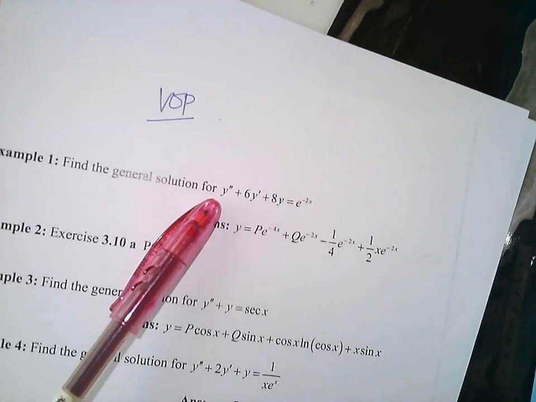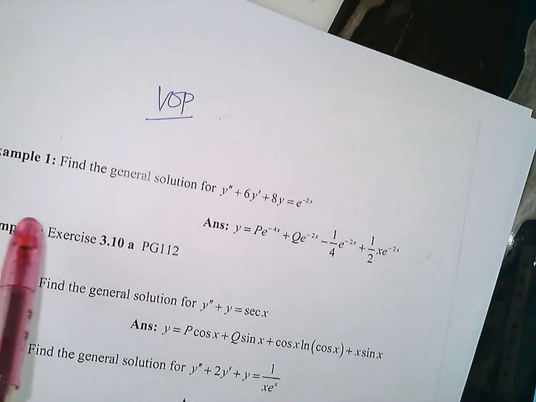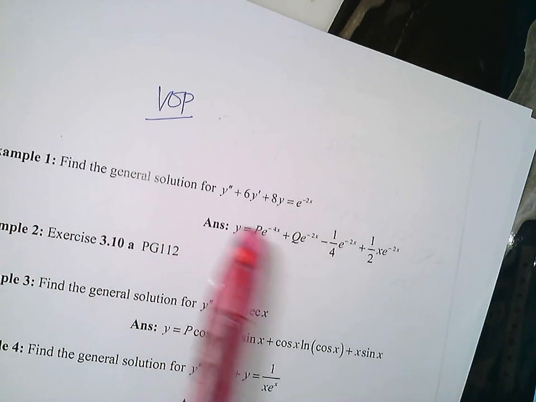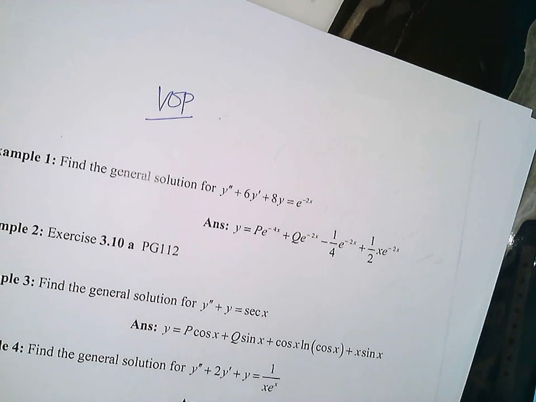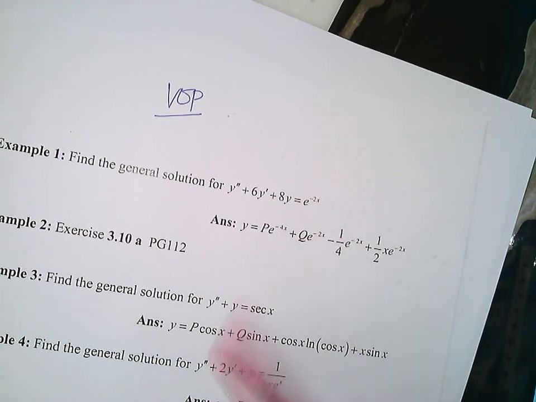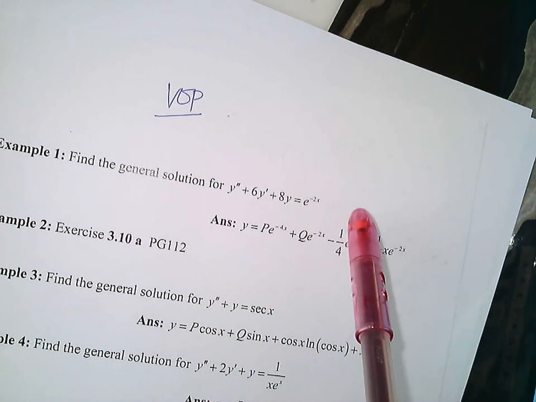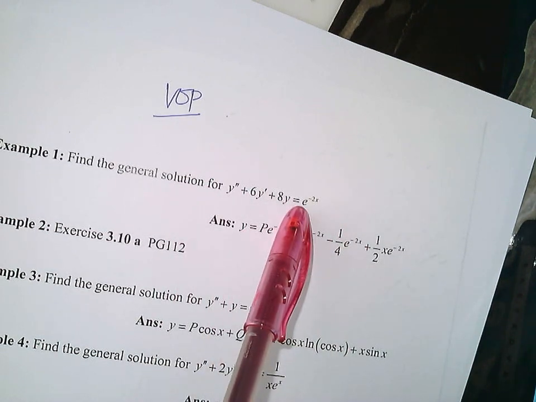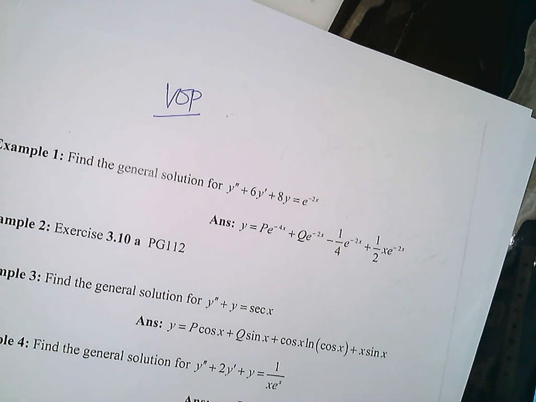So basically you can use either the method of undetermined coefficients or variation of parameter to solve this kind of problem, because this is a general question. But if the question is already focused, like you have to solve by using UC or VOP, then you have to use that method. Since we are discussing VOP, I will solve this one by using variation of parameter, and you will see you get the same answer if you solve it by using UC.